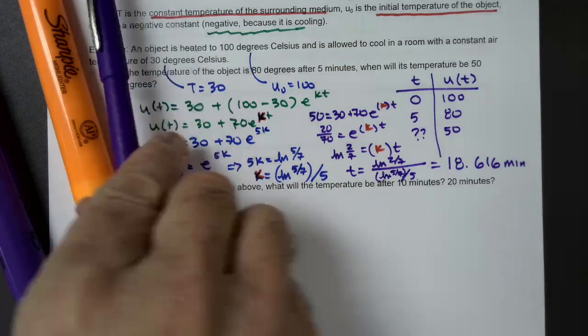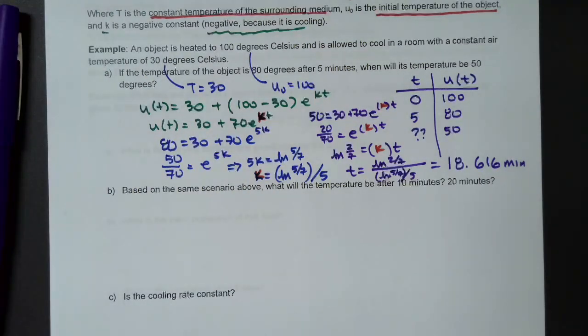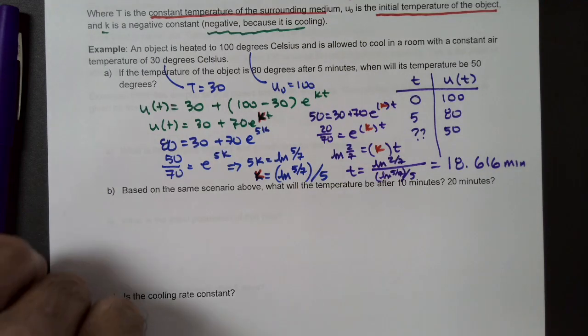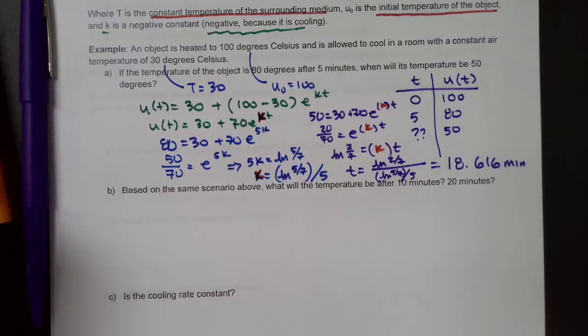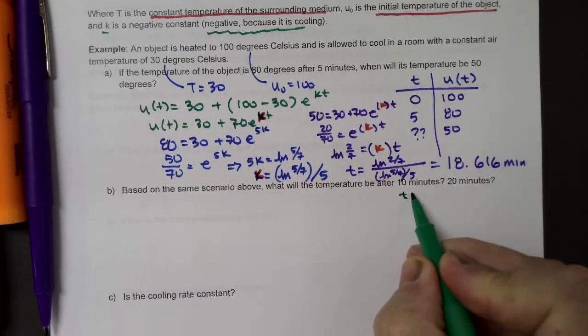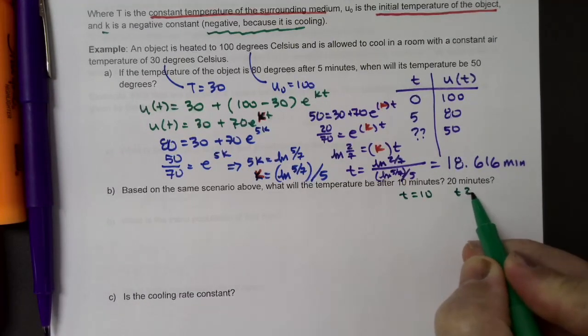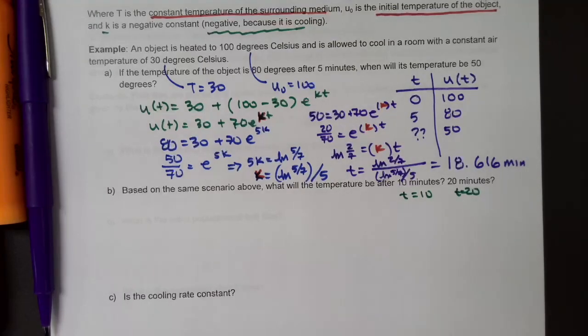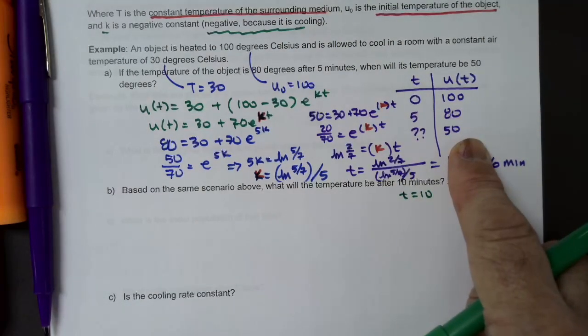And the next one says, based upon this same scenario, what will the temperature be after 10 minutes, after 20 minutes? So each one of these is giving us a t value, and we're just solving for u of t.